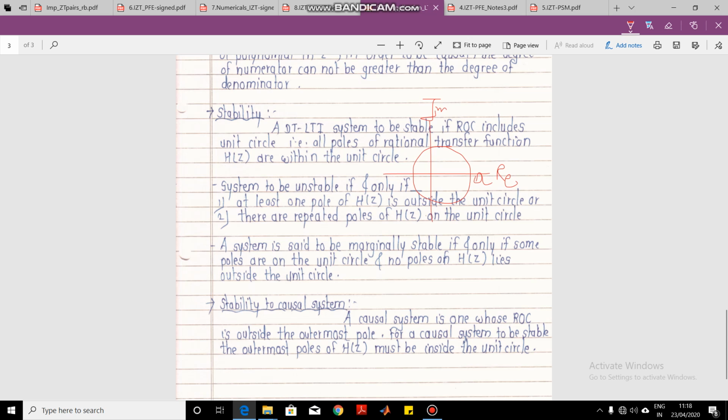If it is a causal signal and my ROC is exterior to this circle, and the unit circle lies inside this ROC, say A is equal to 0.5 and the unit circle at 1 is outside this A, then the ROC contains the unit circle, and my system is stable.